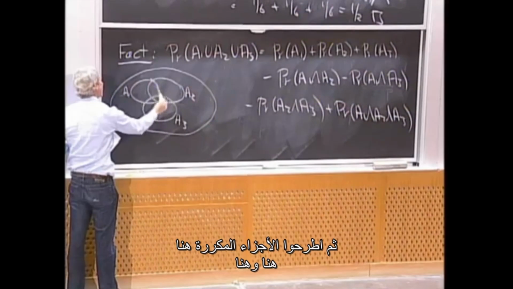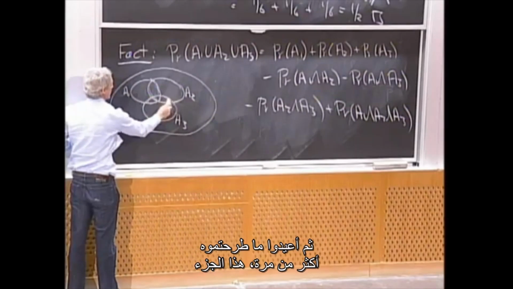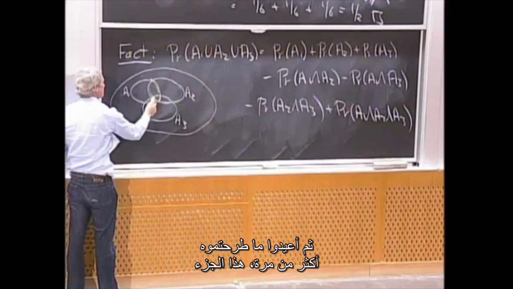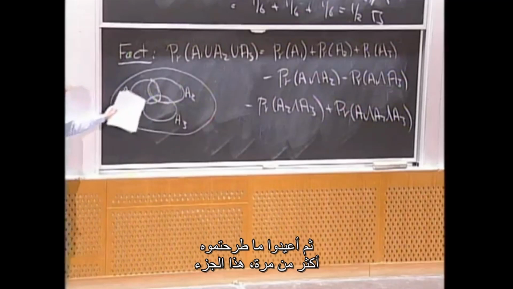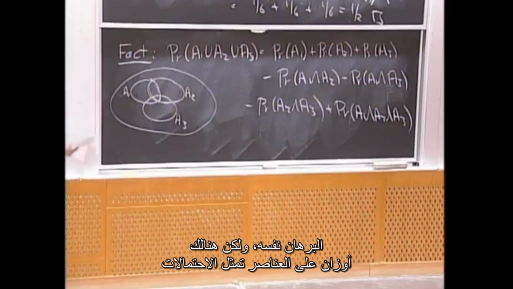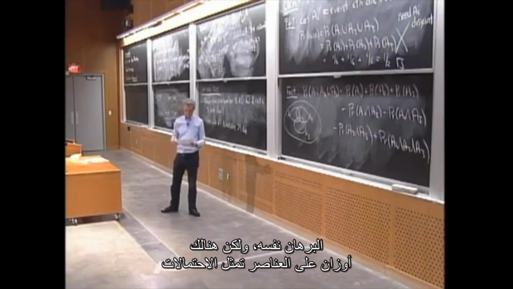Then you subtract off the double counting from here, and from here, and then you add back in what you subtracted off too much. There. Same proof, it's just you're having weights on the elements that are probabilities.